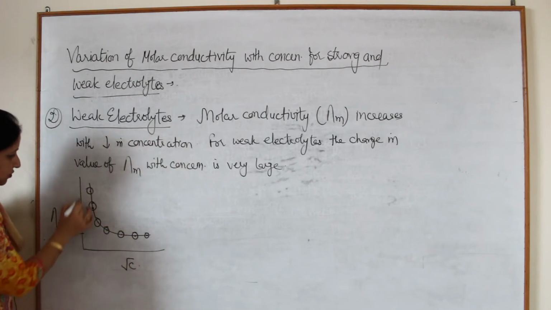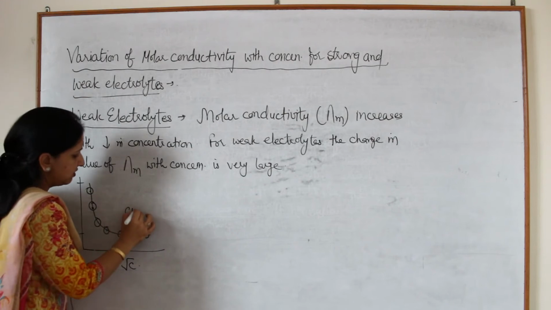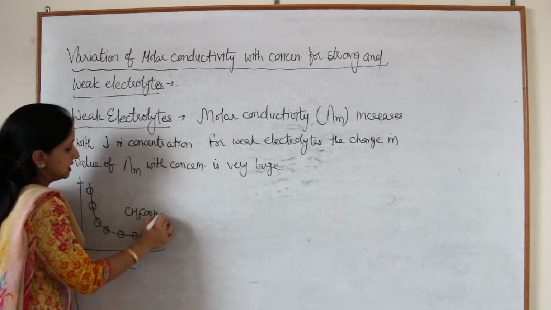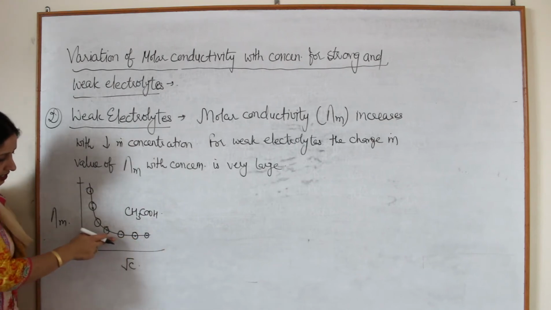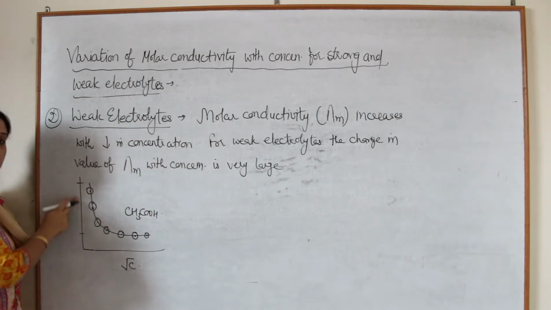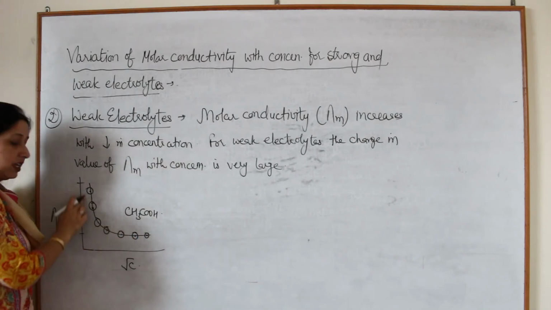So variation is from this to this much level with change in concentration. This is for any weak electrolyte, let it be acetic acid. So if we are decreasing the concentration, value of lambda m goes on increasing and variation is very large.